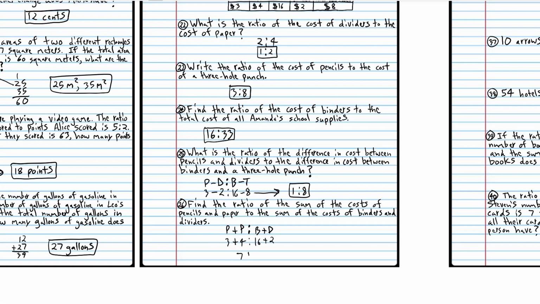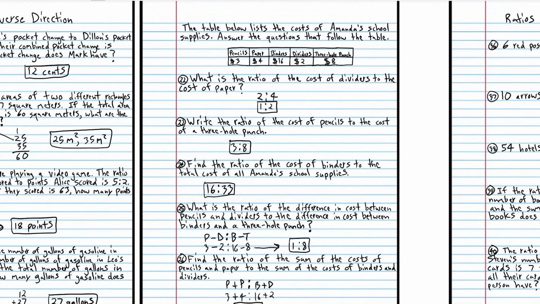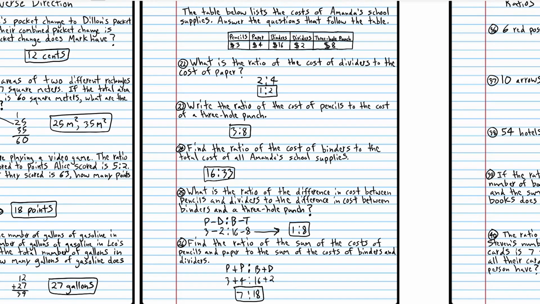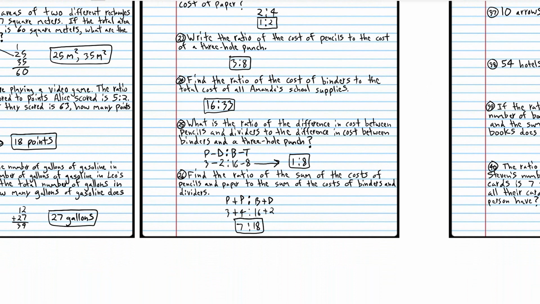So that means 7 to 18. Let me just double check that. It looks correct, and we cannot reduce that.